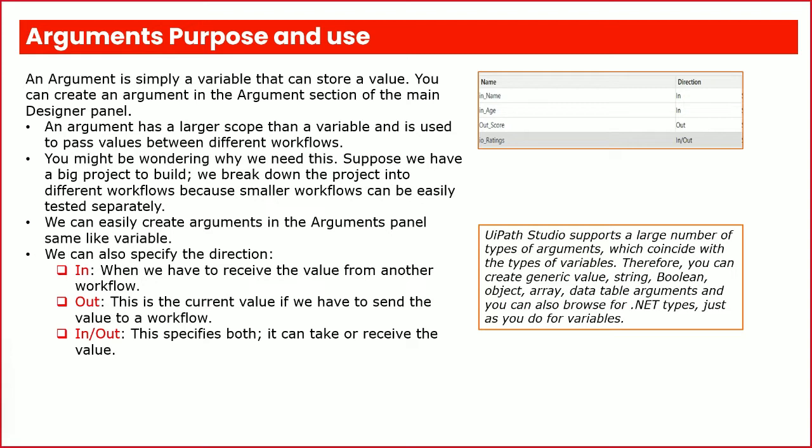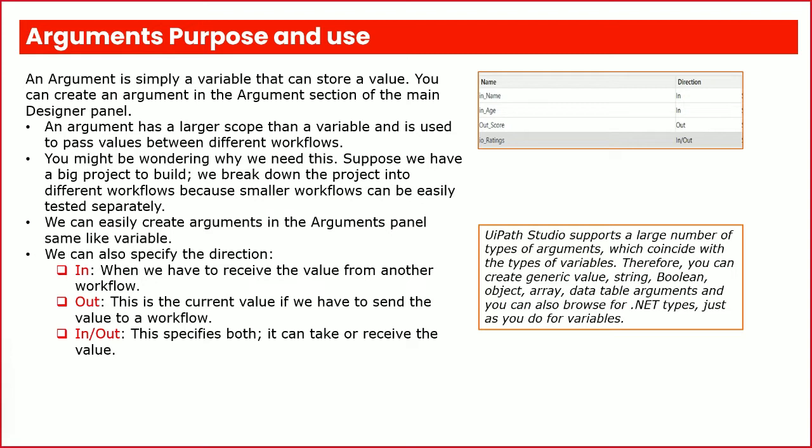But all of these are connected, so you need to pass the database connection coming out of the first workflow to the second workflow so that it can fetch the data. Similarly, the data coming out of the second workflow has to be passed to the third workflow so that Outlook can send it as an Excel file. So that means there is a passing of data between these workflows.